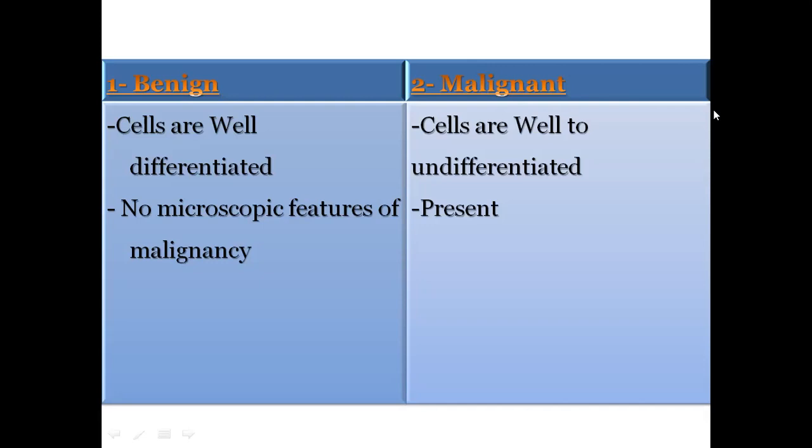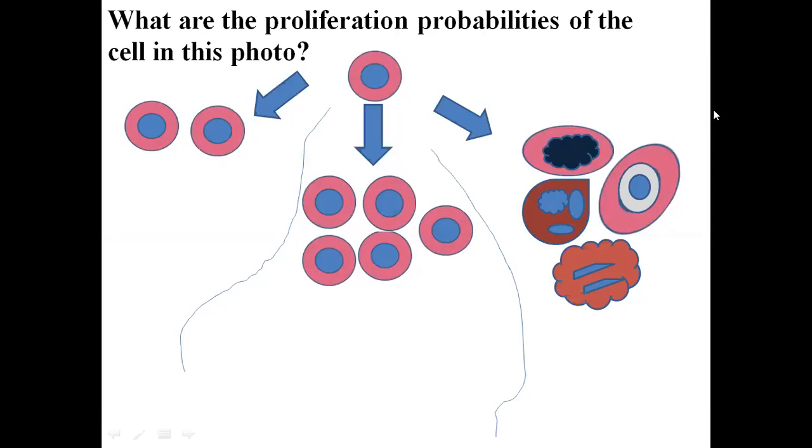Benign tumors have no ugly cells. It means they have no microscopic features of malignancy in the cells, while malignant tumors have microscopic features of malignancy. So what are the microscopic features of malignancy that are present in malignant tumors?